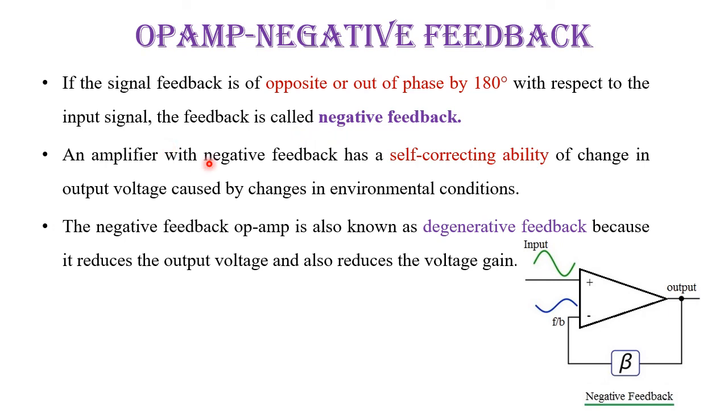And this negative feedback amplifier has a self-correcting ability which changes with the change in environmental conditions. Okay, and this negative feedback operational amplifier is also called as degenerative feedback because it controls the output voltage and also the gain, voltage gain.